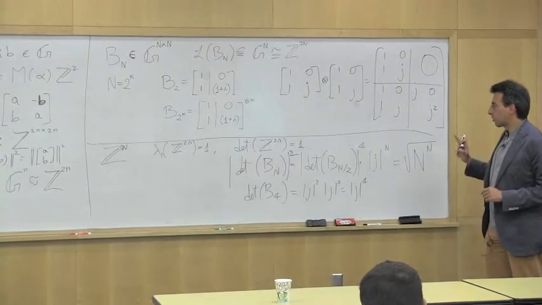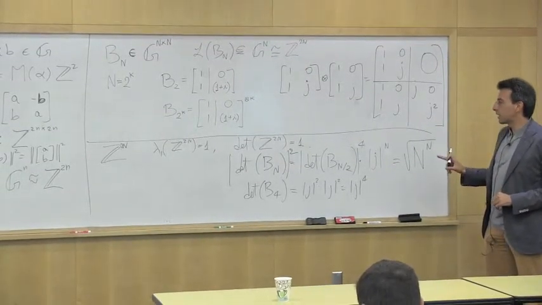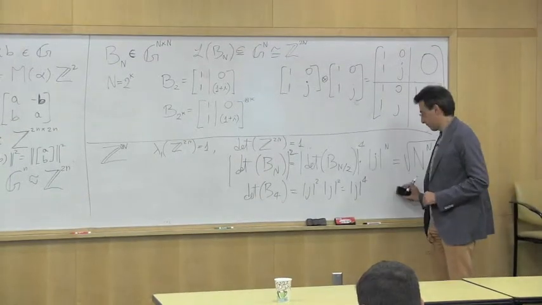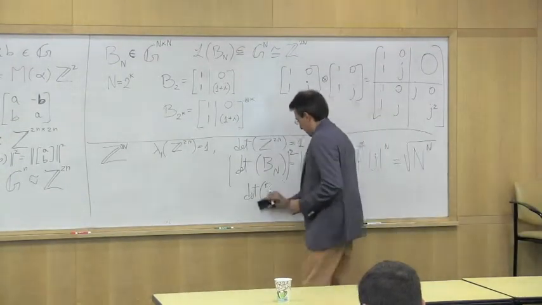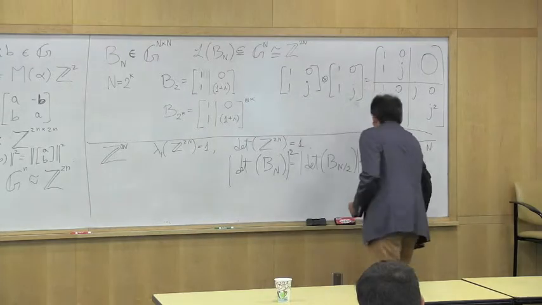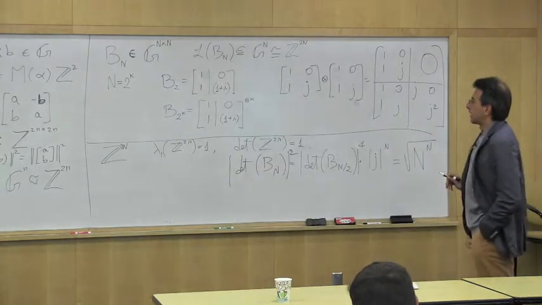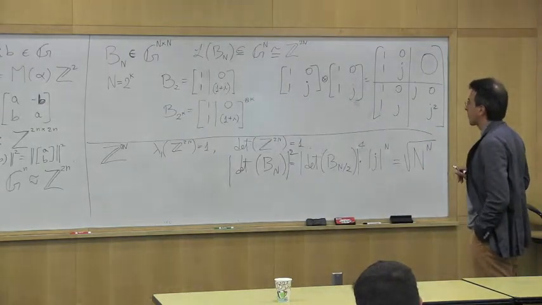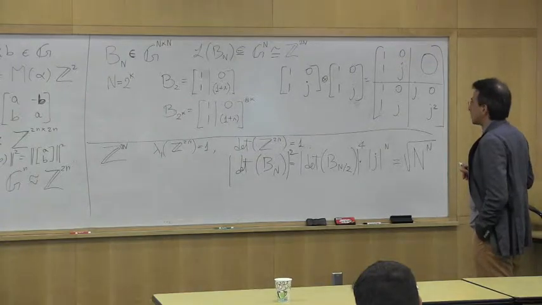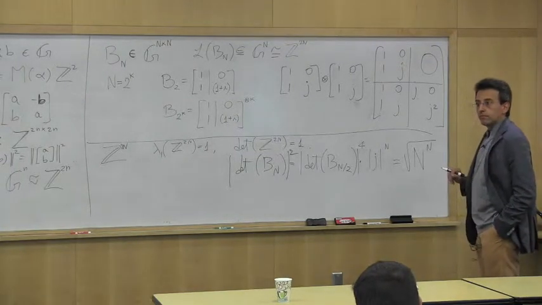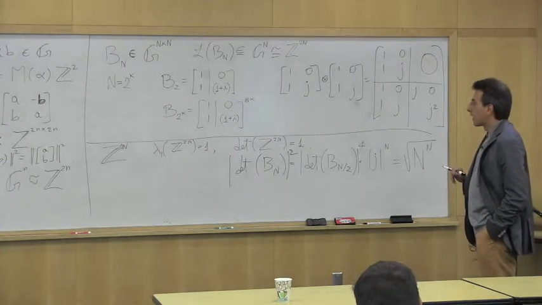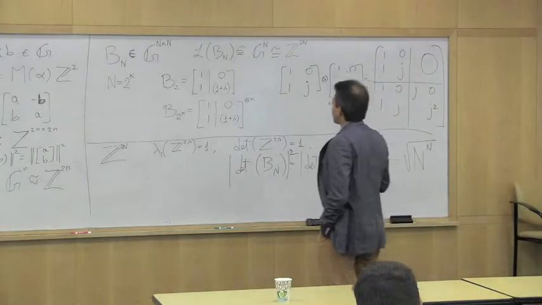So question number 2 is, what is the minimum distance of this lattice? There's something nice.